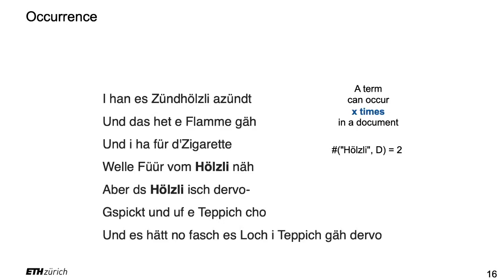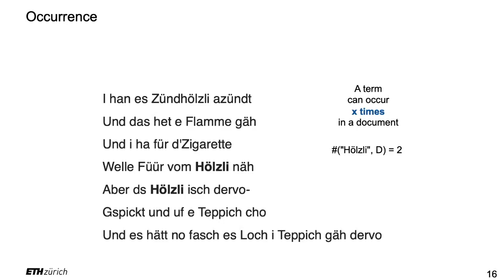What else could you be interested in? Yes. Where in the document the term is? Absolutely. This is also something that in some systems we are interested in. So for the purpose of the abstraction, I'm going to slightly reformulate where exactly it appears as the order in which the terms appear, which is slightly equivalent.